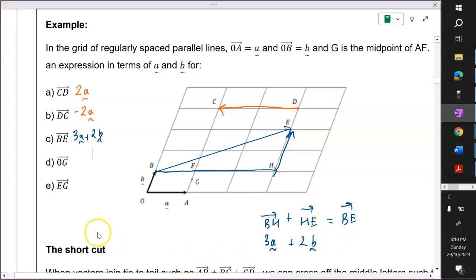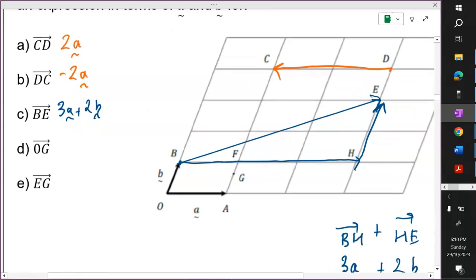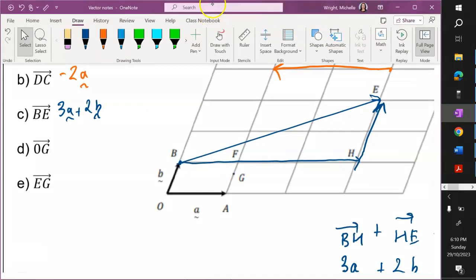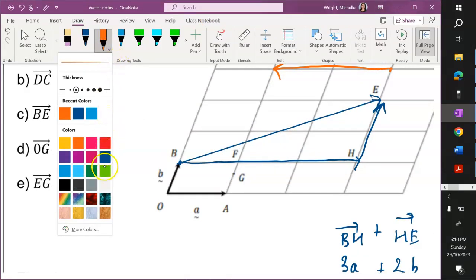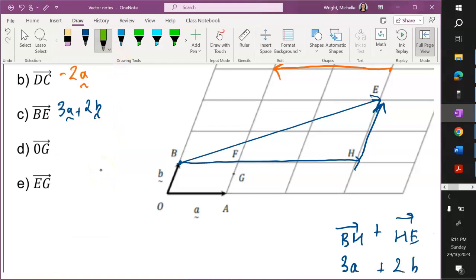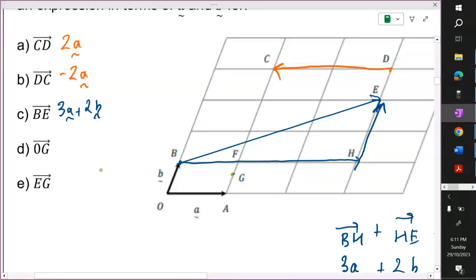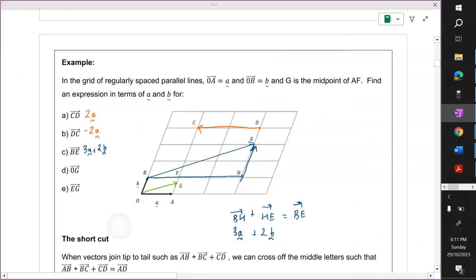Okay, let's look at OG. Let's get a new colour. This one's a little bit harder. Okay, OG is going to meet halfway because we've got that point there, we're up there. Let's remind ourselves what G was.